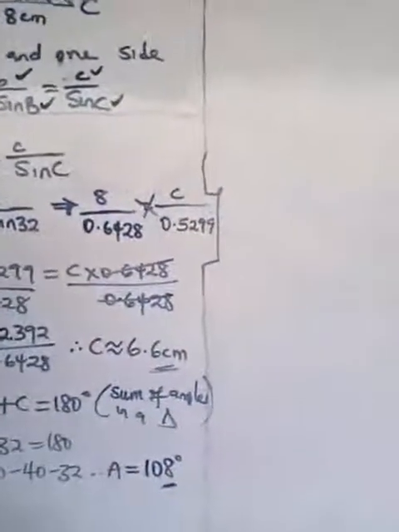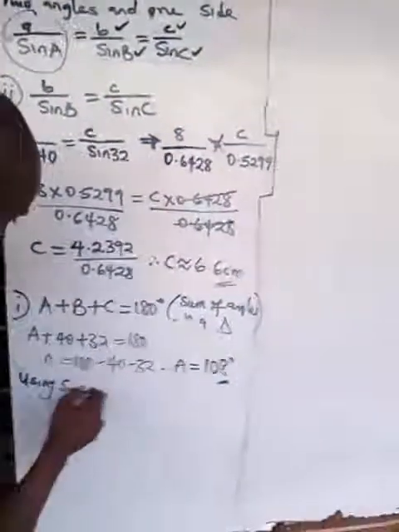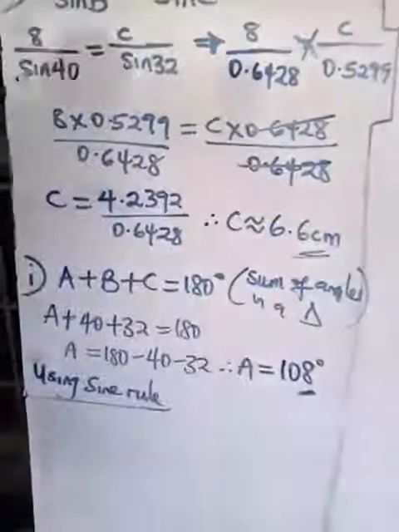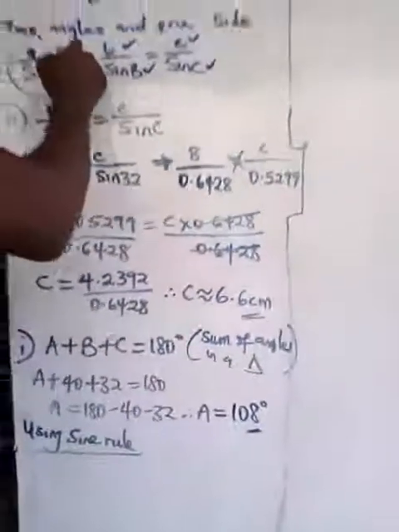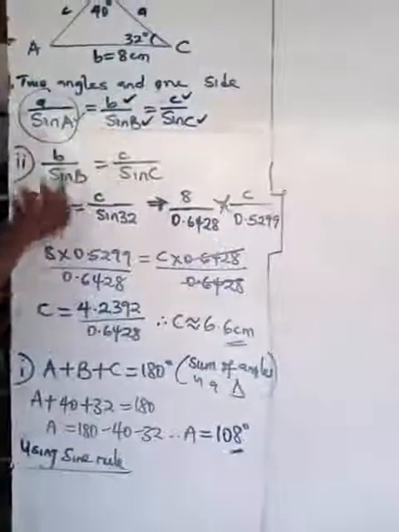Using sine rule, we can use it because we know almost everything. We know angle A now, so it's just this one that is left. You can use a combination of any of these two.